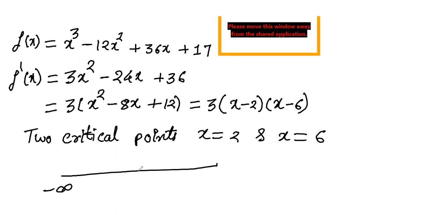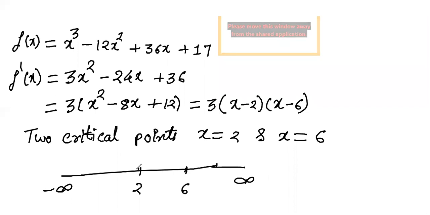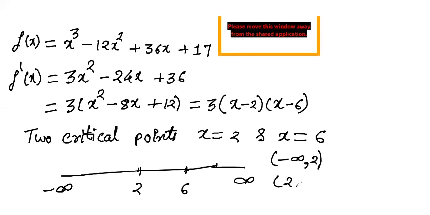This is minus infinite, this is 2, this is 6, and this is plus infinite. So there will be three brackets here: minus infinite to 2, 2 to 6, and 6 to infinite.